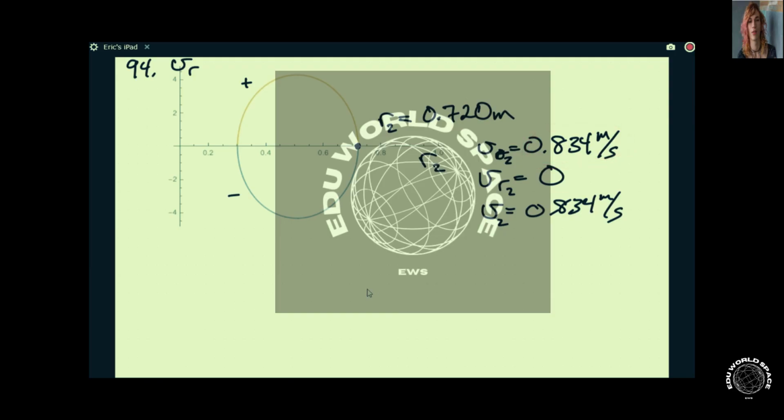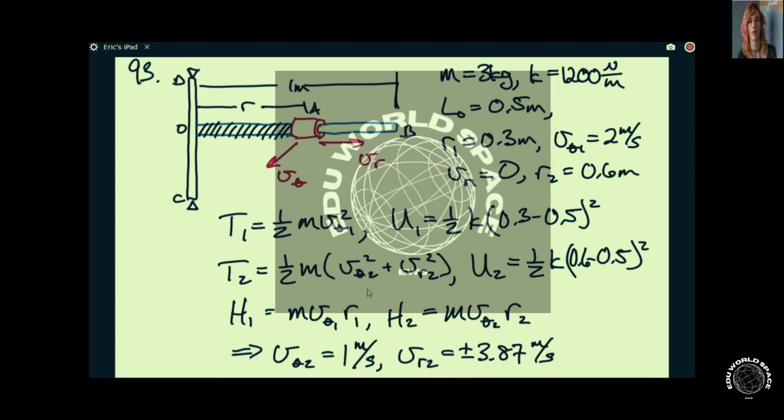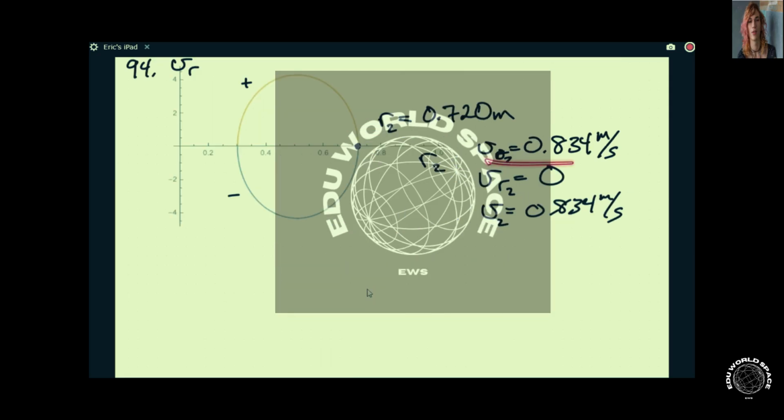Again, slower than before, just because R2 is now bigger than R1. So conservation of angular momentum gives us this. We know then that VR2 is 0, and so the total velocity of the collar is 0.834 meters per second.